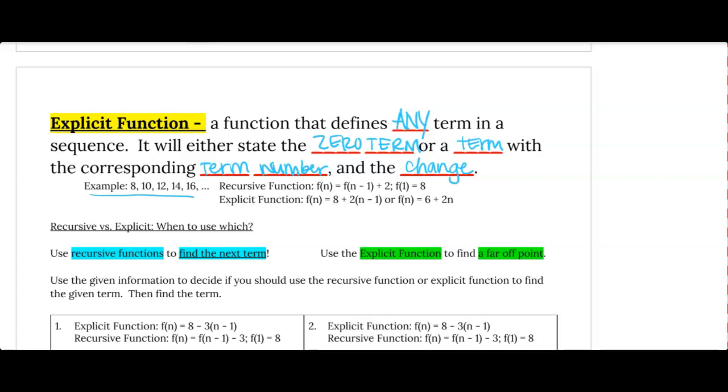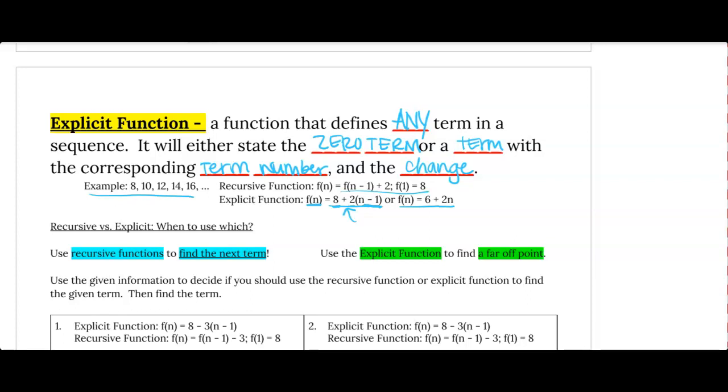So for the example I've been using with the recursive, we wrote the recursive function here. The explicit function is just saying the next term is 8 plus 2 times n minus 1. So that's really times the previous term number. This is the unsimplified version. The simplified version gives us that the first term is 8.